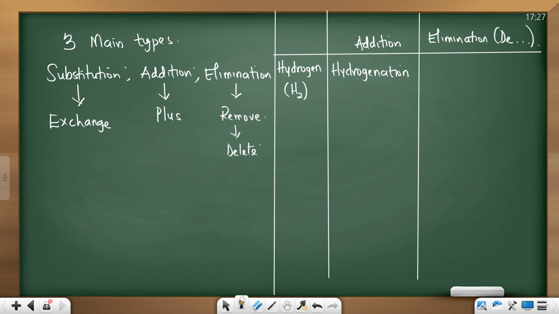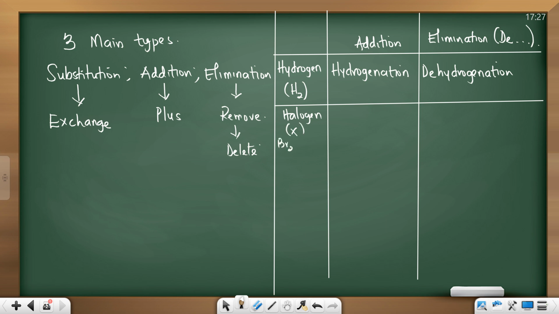And I can also remove it. If I remove it, I am using the word D from delete. What am I removing? Hydrogen. So we call it what? Dehydrogenation. I can add my halogens, which is my X, and you know them.